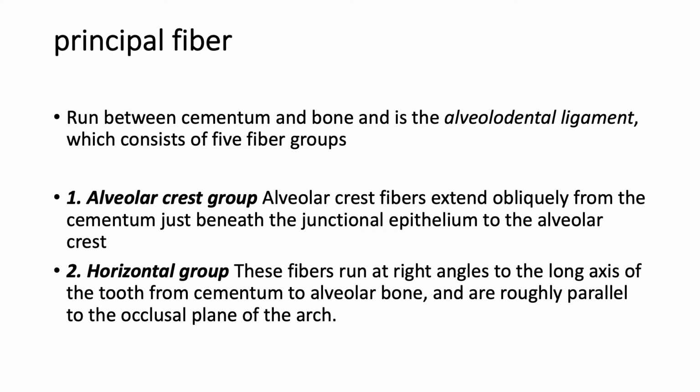First of all, we have the alveolar crest group. Alveolar crest fibers extend obliquely from cementum just beneath the junctional epithelium to the alveolar crest of the bone. Second, the horizontal group. These fibers run at a right angle to the long axis of the tooth from cementum to alveolar bone and are roughly parallel to the occlusal plane of the arch, as we see.